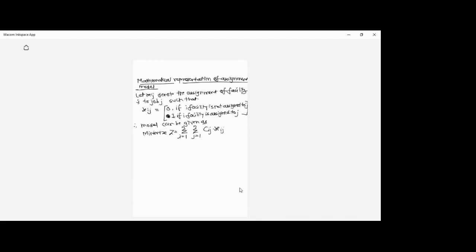Very simple, right? So now, what do we have as the constraints here? Subject to constraints. At that time, if you remember, we had constraints for supply and demand. So here also, our constraint is that the sum over J from 1 to n of Xij is equal to 1, for I equal to 1, 2, 3 up to n.